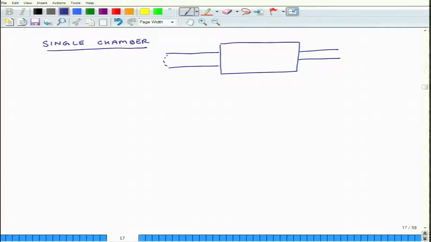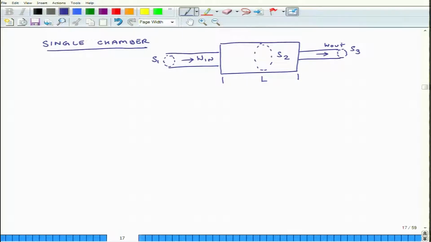Let us say the cross sectional area at the inlet port is S1, the cross sectional area at the exit is S3, and the cross sectional area of the intermediate chamber is S2, and the chamber length is L meters. So, what we are interested in is figuring out this ratio W in with respect to W out.